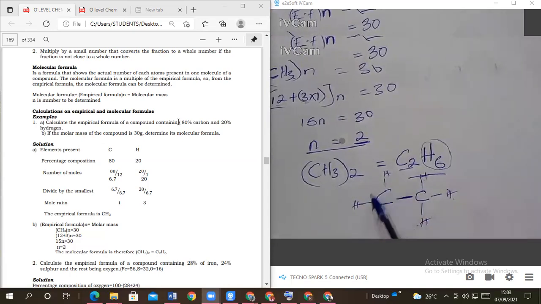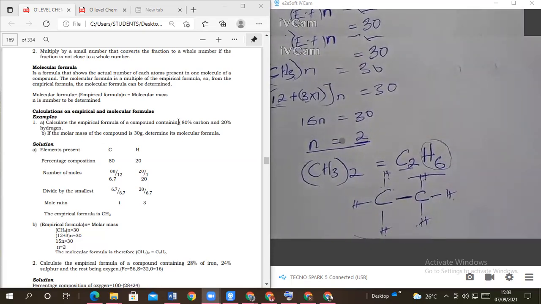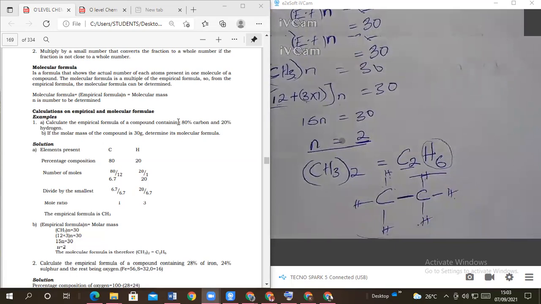If you look at this carbon atom, it has 4 joined to it. We have this, this, this, then there is this one, which is used to link to the other carbon. Even this one has 1, 2, 3, and then this other one, which is used to link to the other carbon. Meaning this carbon has 4, and this one also has 4 combined. Is it clear? So that is what you do.